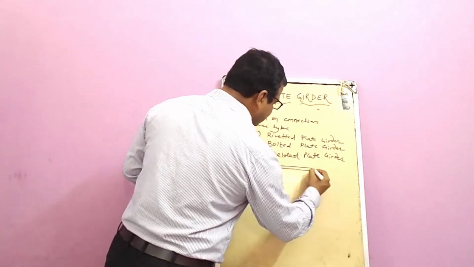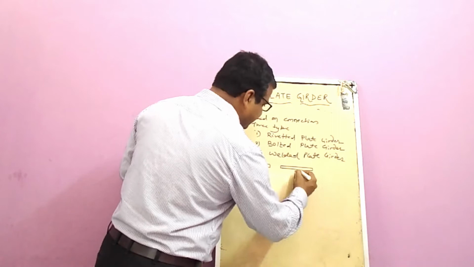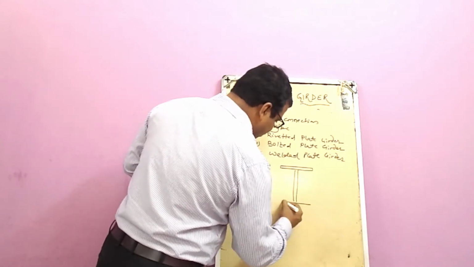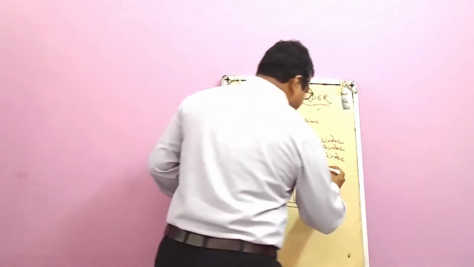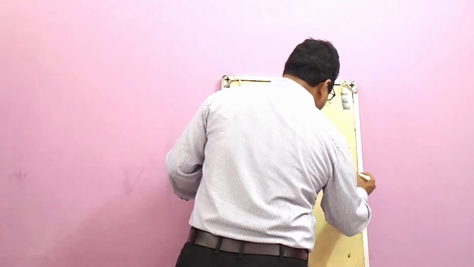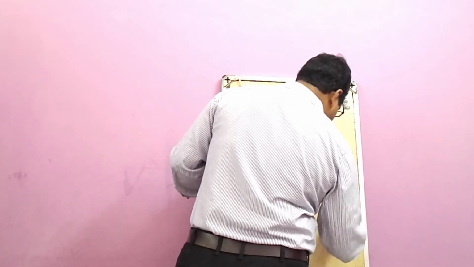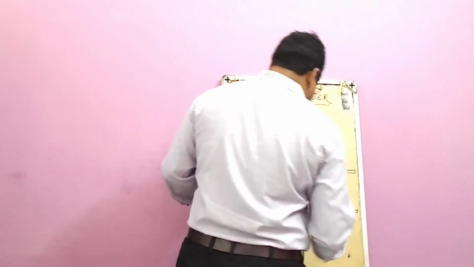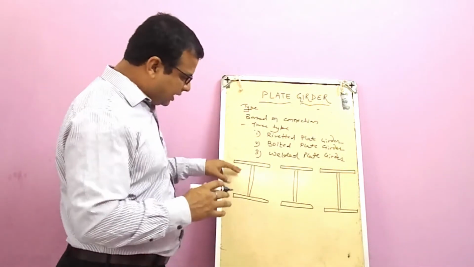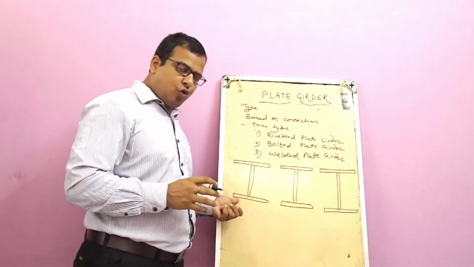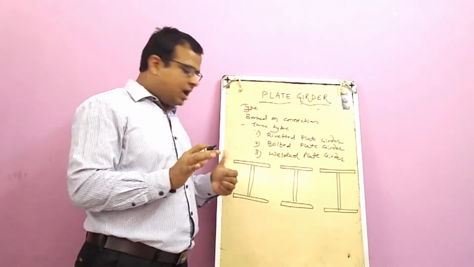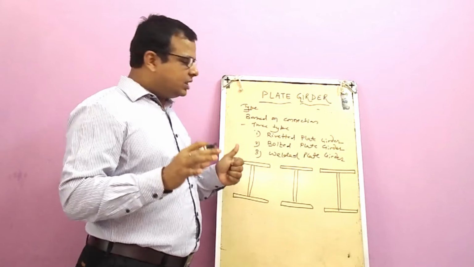Let's say we are using two flange plates and one web plate in all three types. These are the two flange plates and one web plate, not connected with each other.